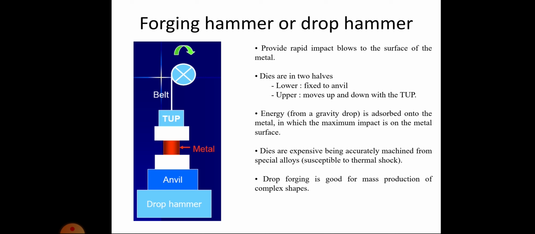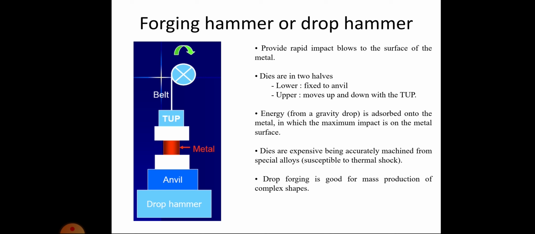Energy from a gravity drop is absorbed into the metal, in which the maximum impact is on the metal surface. Dies are expensive because they are accurately machined from special alloys in order to cope up with the thermal shock.